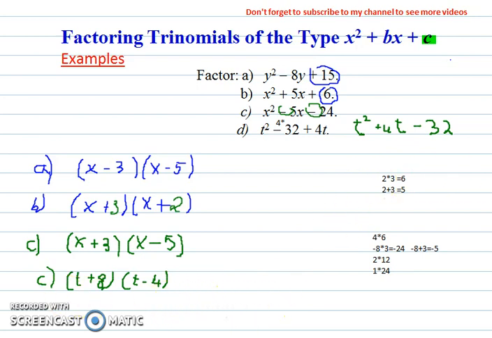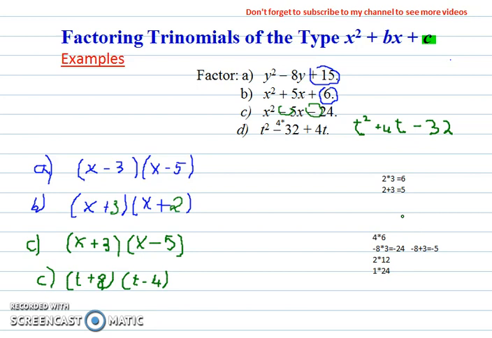You can always look for the sign of the constant c, and the constant c would tell you what to do. But to factor any trinomial of the form x squared plus bx plus c, you need to remember that first you need to arrange your trinomial in descending order, like put the x squared first. Use a trial and error process that looks for factors of c whose sum is b.